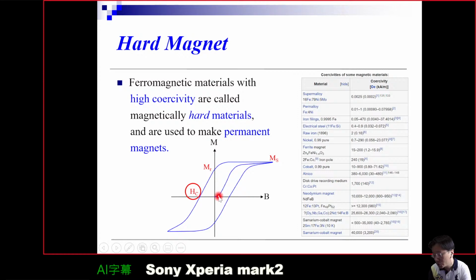And when we further decrease the magnetic field, actually increasing it in the negative direction, the magnetization will keep decreasing until a certain point with zero magnetization.